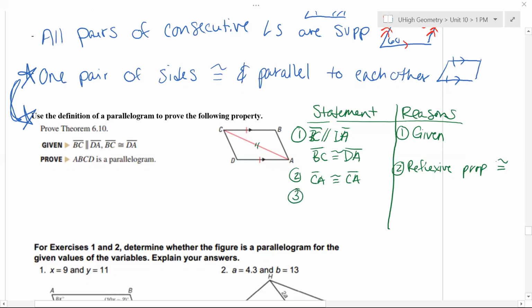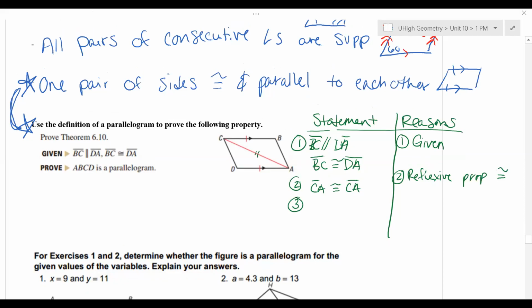Number three, our statement three, we're wanting to prove that we have a parallelogram here. So since we already know that segment CB is parallel to segment DA, we have to prove that segment CD is parallel to segment BA before we could say that this is a parallelogram.